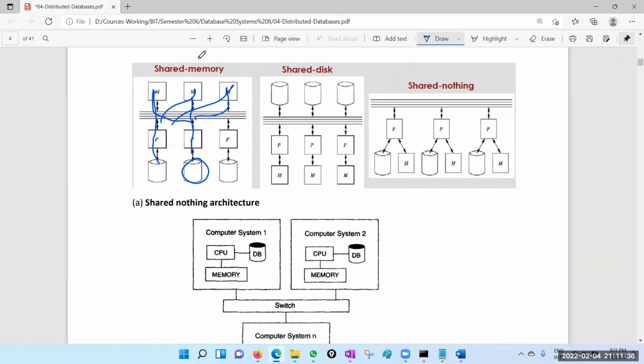That is the shared memory architecture. Here memory is not shared, but the disk is shared. This is memory, this is processor. Now you can see that these disks are shared, so this machine also can access this disk or this disk or this disk.